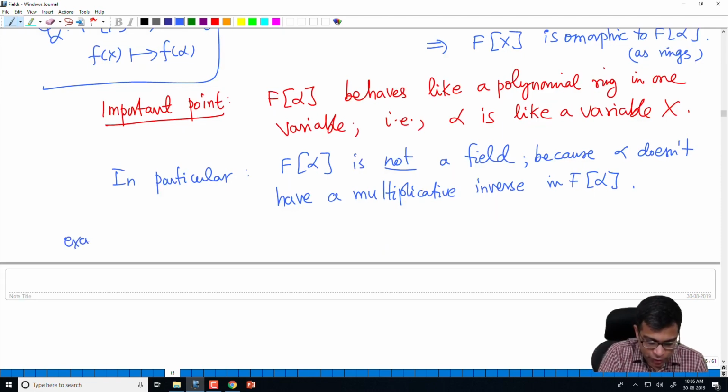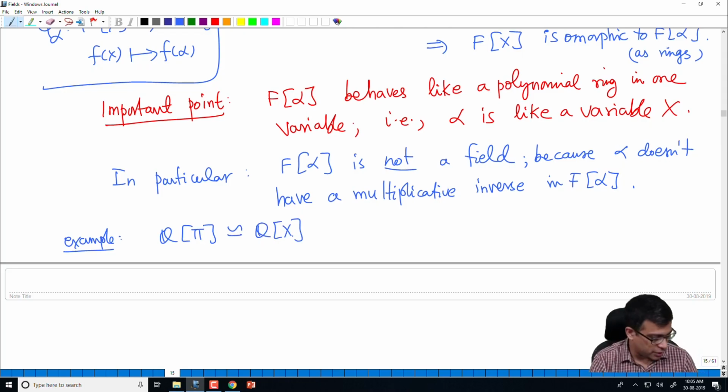So as an example, we know that Q[pi] is isomorphic to Q[x], because pi is transcendental, as I remarked earlier, but Q[x] is also isomorphic to Q[e].